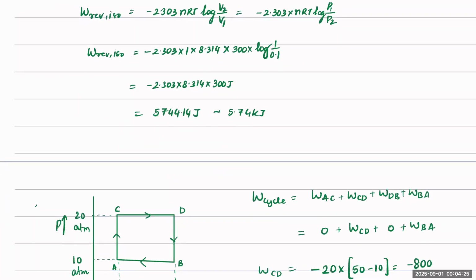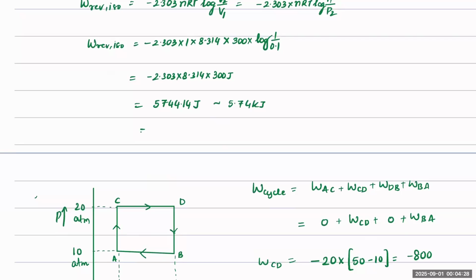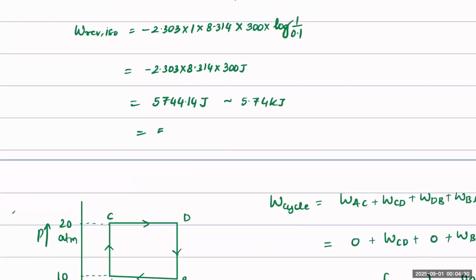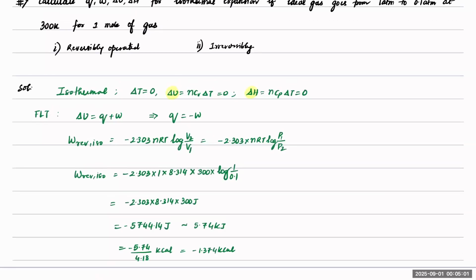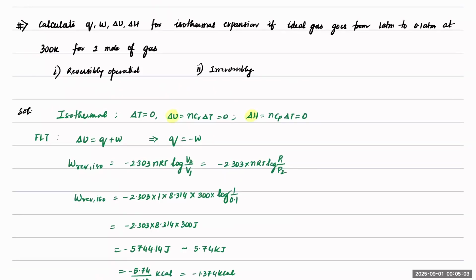What if I want to write it in calories or kilocalories? The same value, in kilocalories, you just have to divide by 4.18, or approximately 4.2. You will get approximately minus 1.374 kilocalories. Reversibly operated, is this clear, everyone?